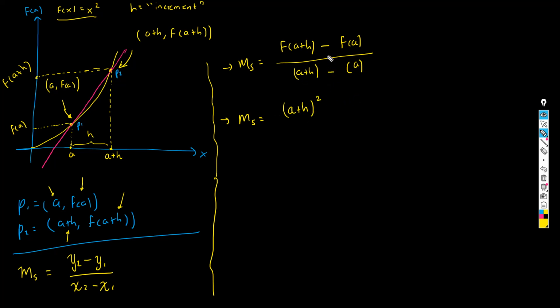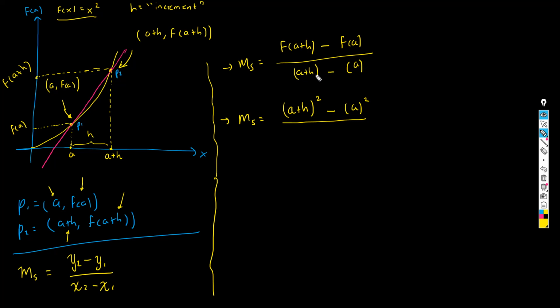You see? Minus f of a. How much is f of a? Well, if f of x is equal to x squared, then f of a is a squared. Like so. Okay, good. Next, over this denominator, a plus h minus a.